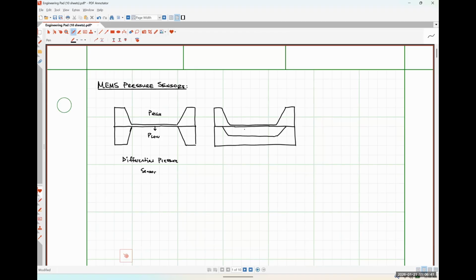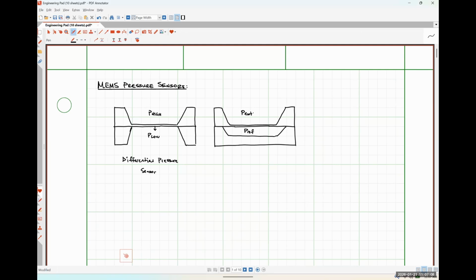And inside here would be some reference pressure. And then this would be some external pressure. And depending on if the external pressure is larger or smaller than the reference pressure, then that membrane will deflect.